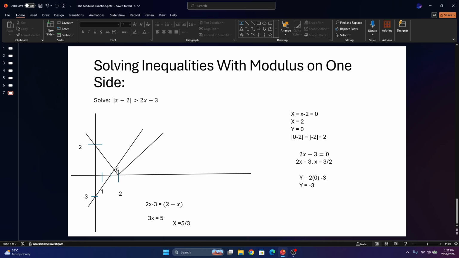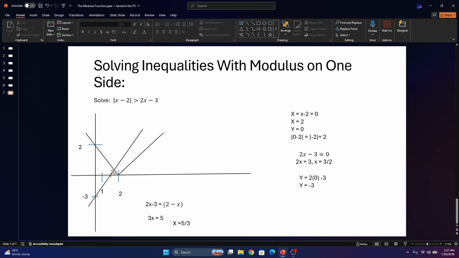And when we go to the right of this point of intersection, we can see that the graph of the line is going upwards while the graph of the modulus is going downwards. So what we need is the part where the graph of the modulus is upwards and is greater than the one on the line.